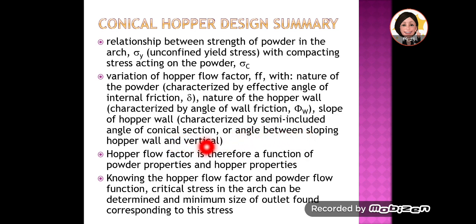Hopper flow factor is a function of powder properties as well as the hopper properties. And knowing the hopper flow factor and powder flow function, critical stresses in the arch can be determined and minimum size of the outlet can be found.